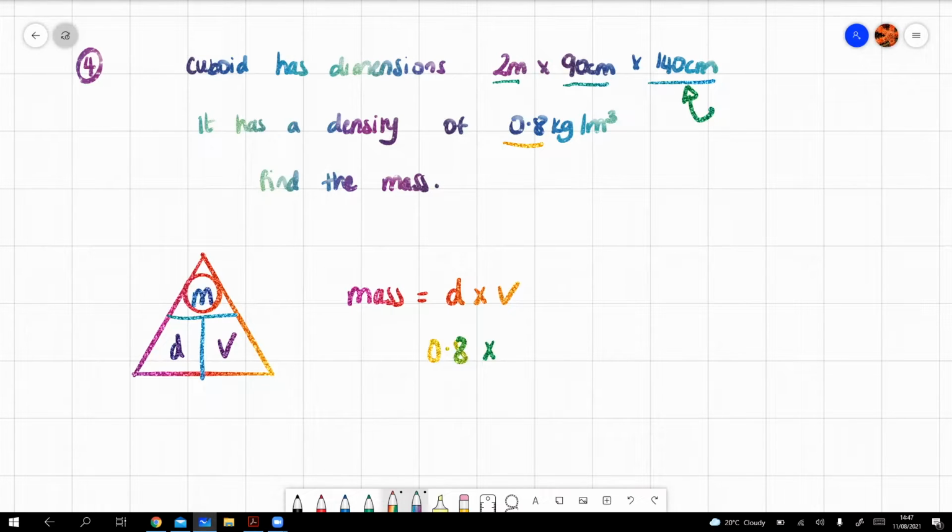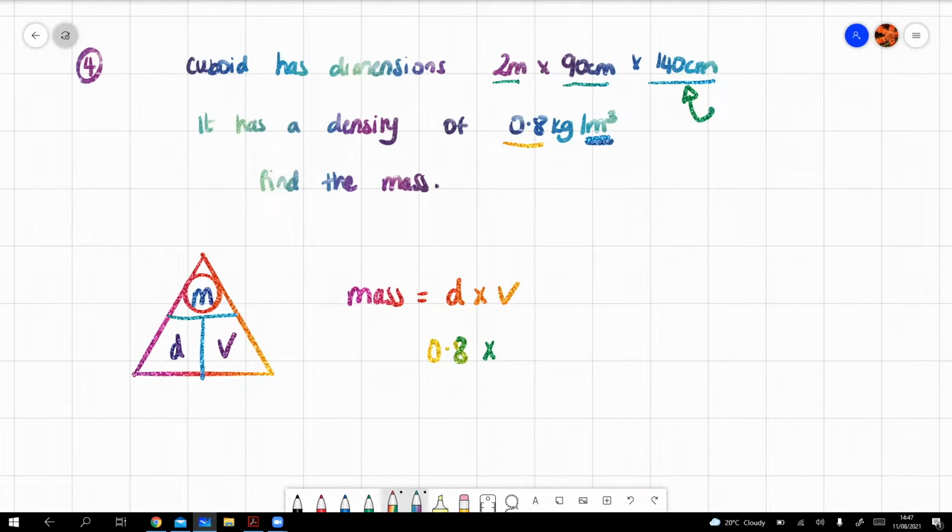Now, I could convert the 2 meters into centimeters, but that would be incorrect because just have a look at the density. The density is 0.8 kilograms per meters cubed. So there's a hint already in there that we need to have our measurements in meters cubed.